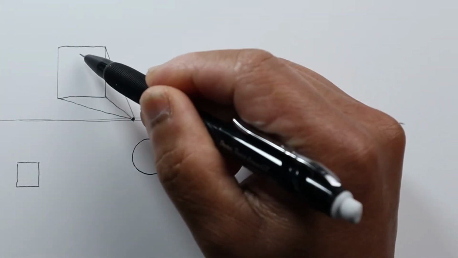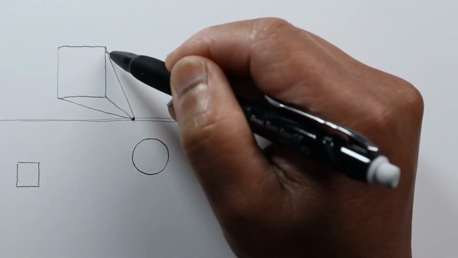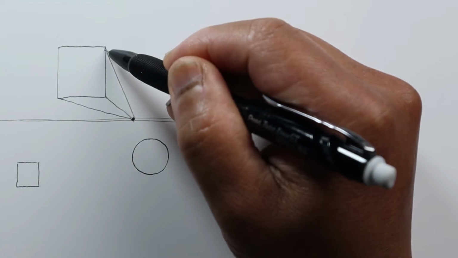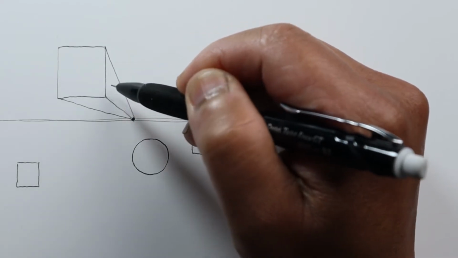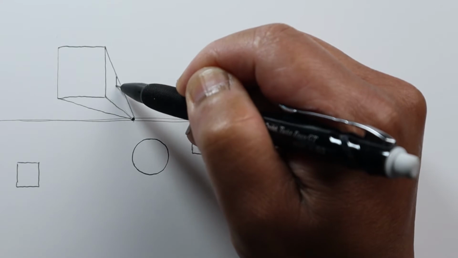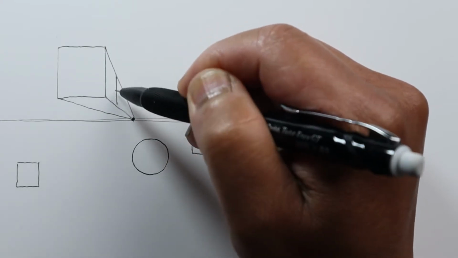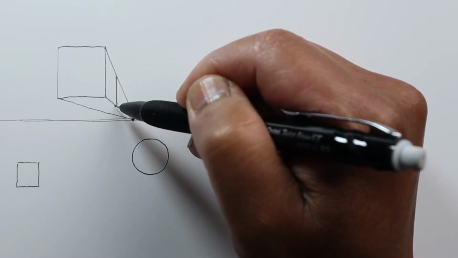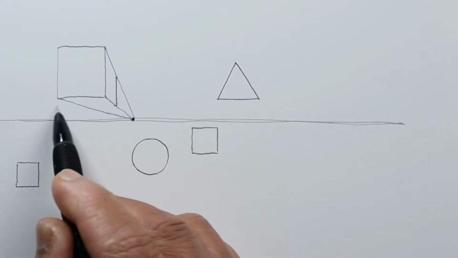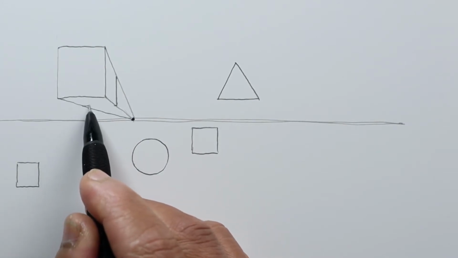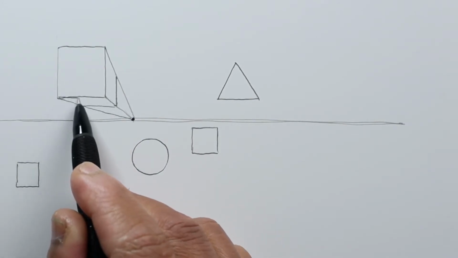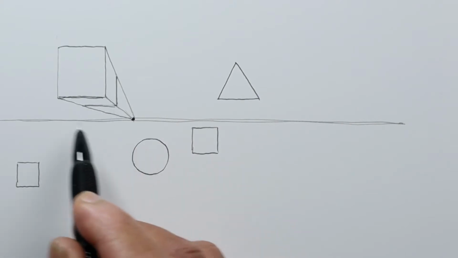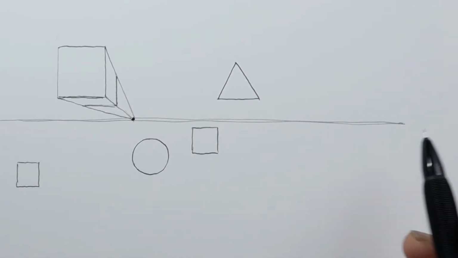So now to make this into a cube, we draw the back side of the cube that's parallel to this right here, and it'll still stay parallel, and then continue this corner this way, again staying parallel to this line, and again parallel to our horizon.